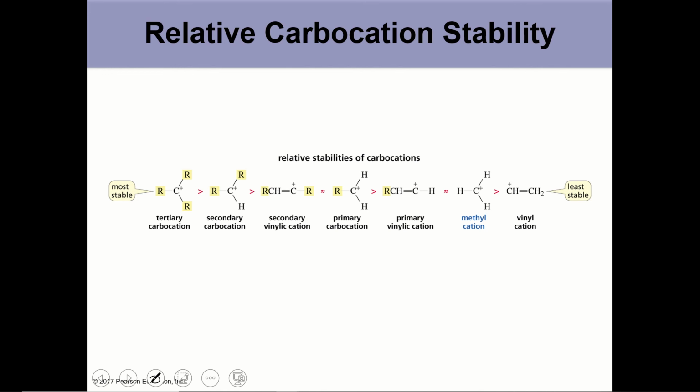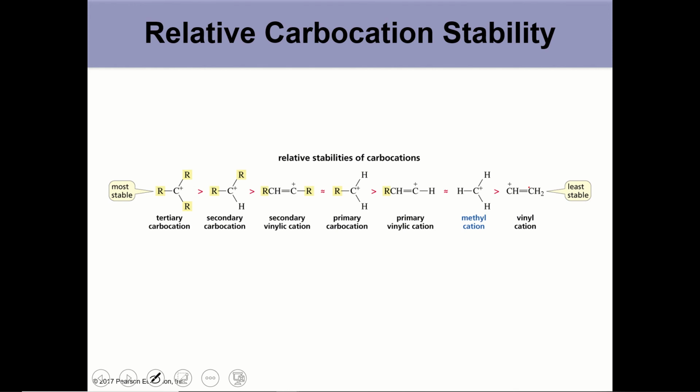Then we have that a primary vinylic carbocation is worse than a primary carbocation and approximately equal to a methyl cation. And that vinyl cation, which is a 2-carbon cation with the pi bond between the 2 carbons, is the least stable of the cations we're looking at from this point.